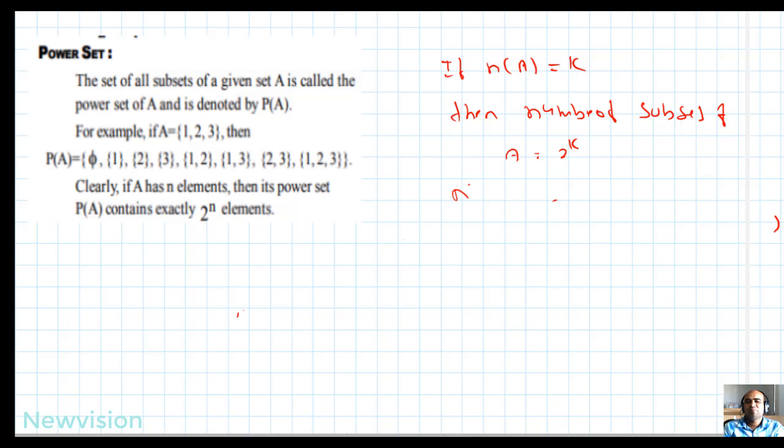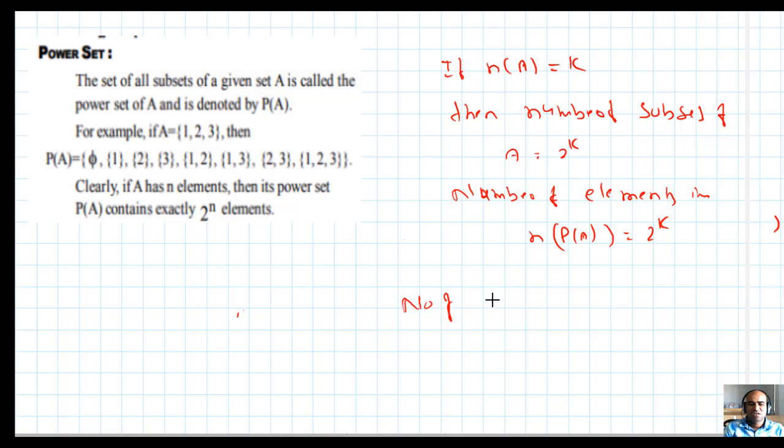Next, the number of elements in P of A, or I can say n of P of A, is again 2 power k only. n of A is k elements, the number of subsets of A is 2 power k, and power set means set of subsets only. So n of P of A means 2 power k. Now the number of subsets of P of A is 2 power 2 power k.